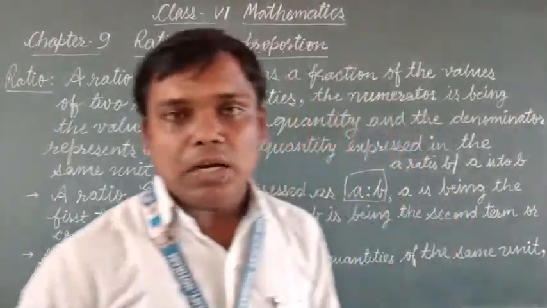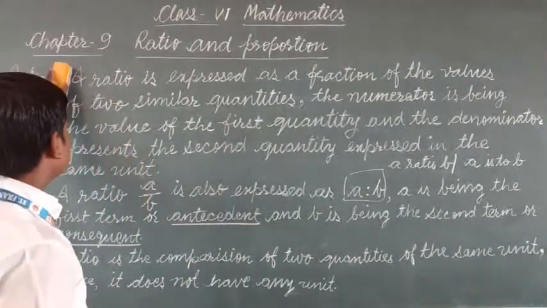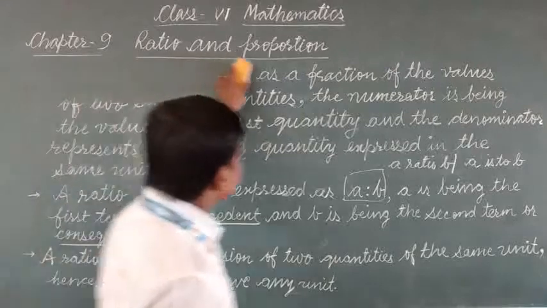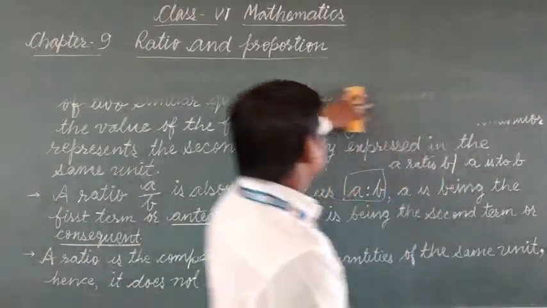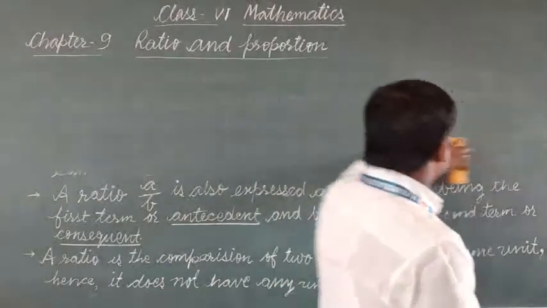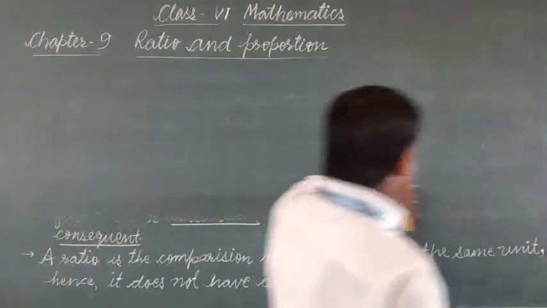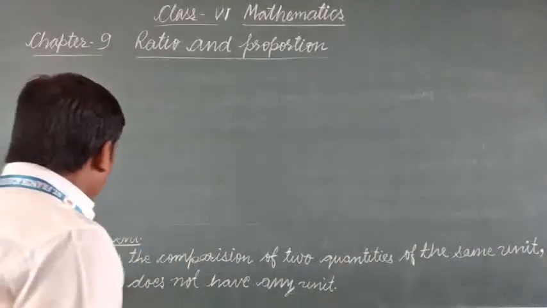Let us see an example of how to write antecedent and consequent.